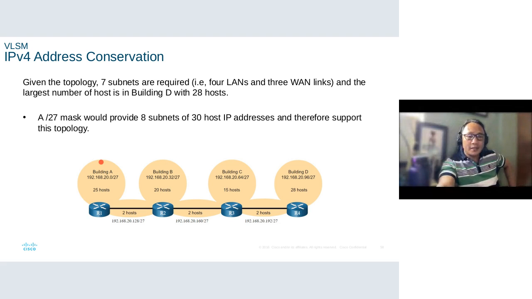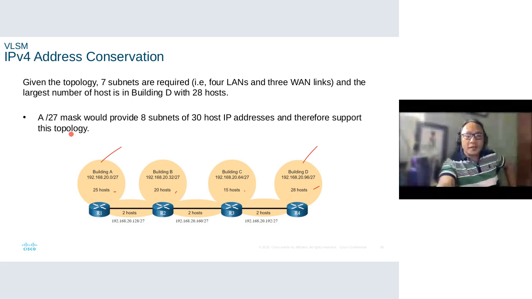Like in this case, building A needs 25 hosts, building B needs 20 hosts, building C needs 15 hosts, and building D needs 28 hosts. On the other hand, we also have networks that need 2 hosts each: the connection between R1 and R2, between R2 and R3, and between R3 and R4.